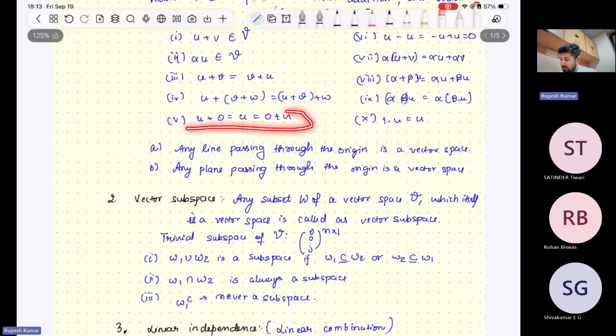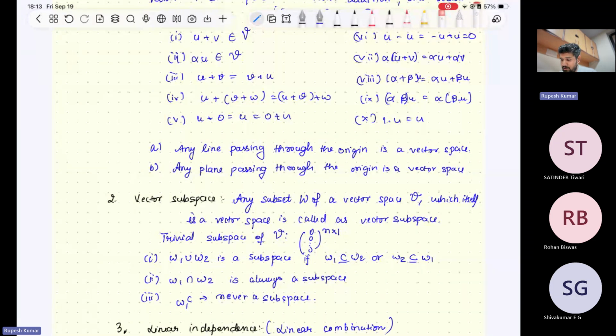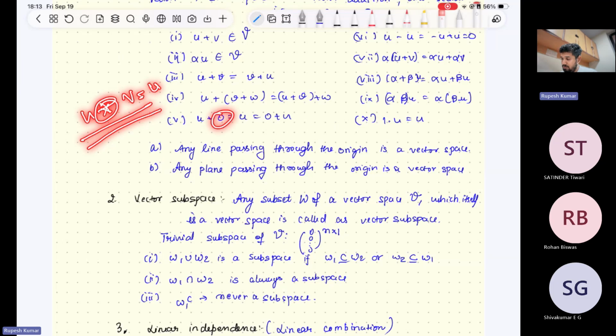Then there exists a zero. Basically this is the additive identity, which is zero, so u plus zero equals u. Whenever you talk about an identity operation, it is something where u combined with some other variable v through the operation gives you essentially u. This is identity. So a zero vector exists for vector spaces.